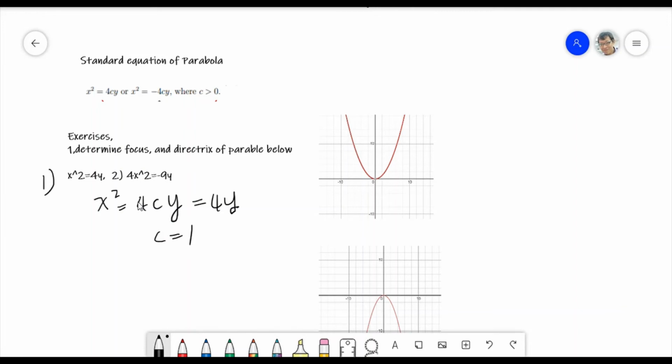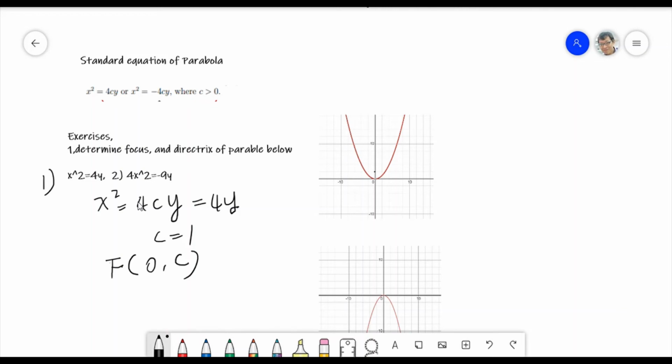Am I right? So since we already got c, we already know the answer. So what is the focus? Focus is 0c. Am I right? Focus 0c. c is 1, so the focus should be 0, 1.